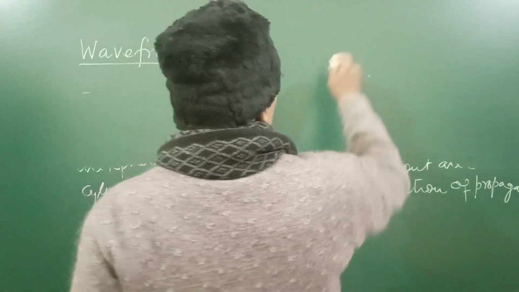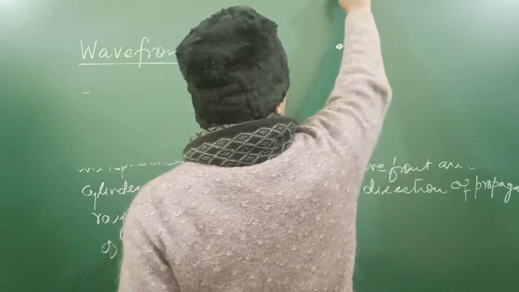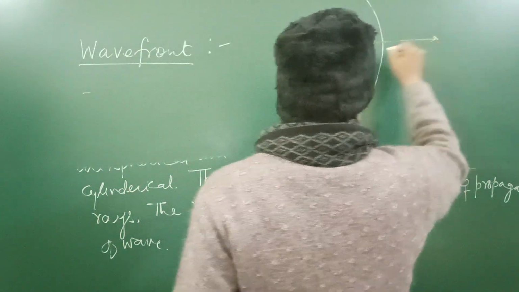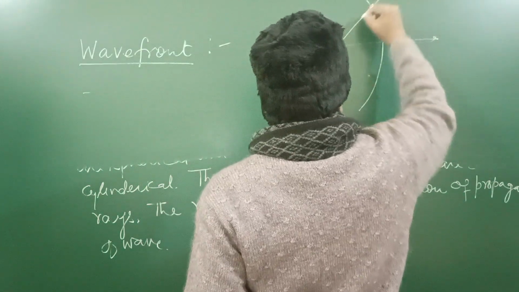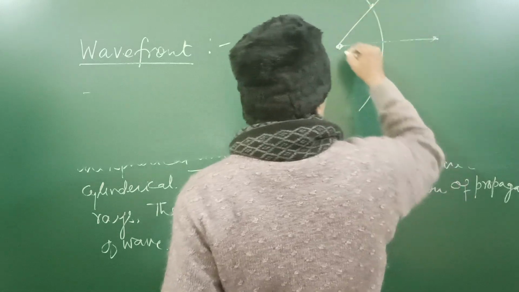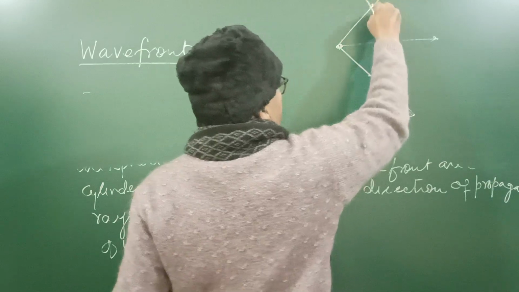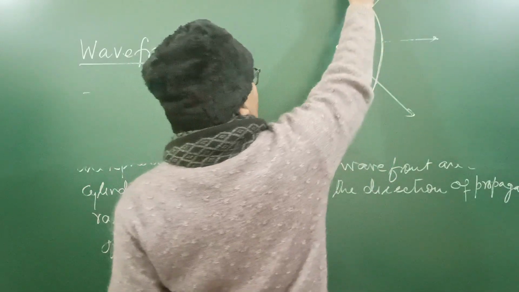Like this I can show by diagram. If it is a point source here and I show this part of the wavefront, then the ray is normal to this. Here the wave is supposed to go this way, here the wave is supposed to go this way. This is the wavefront, say AB is the plane wavefront.